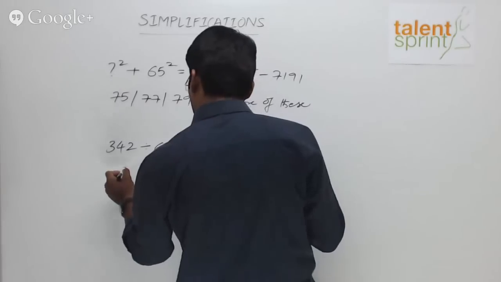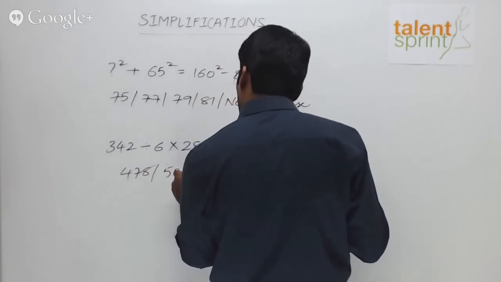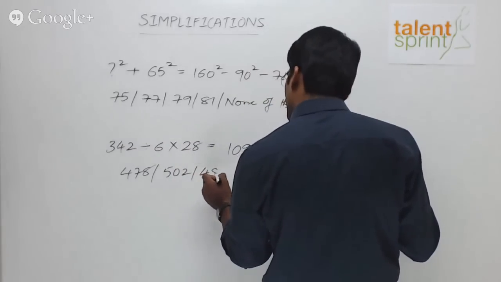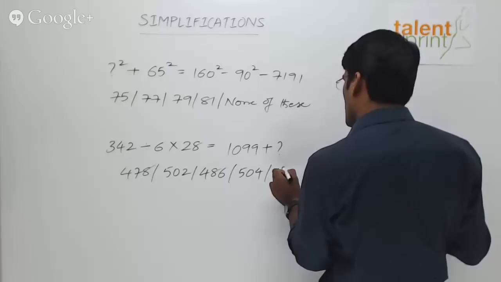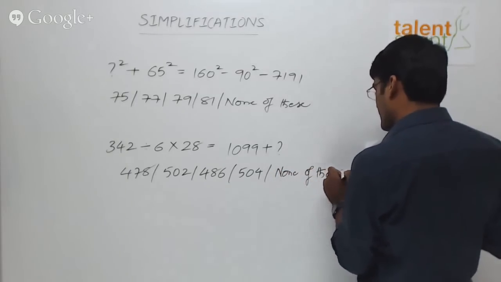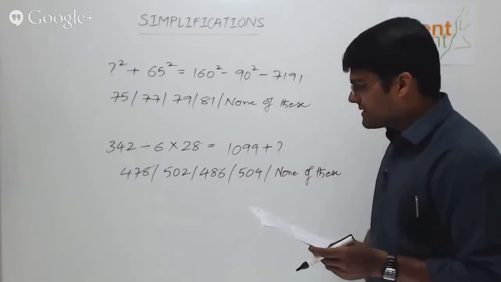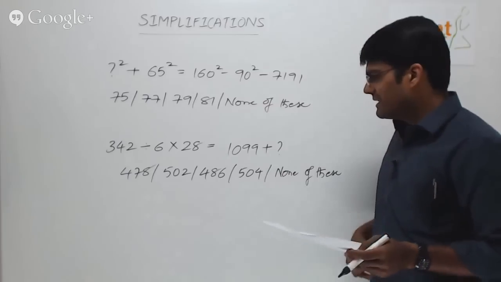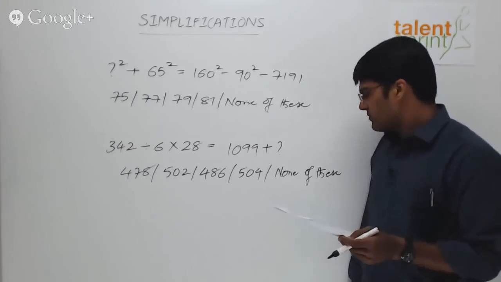The options here are 478, 502, 486, 504, and fifth option is none of these. So 342 divided by 6 into 28 equals to 1099 plus question mark. 478, 502, 486, 504, none of these.